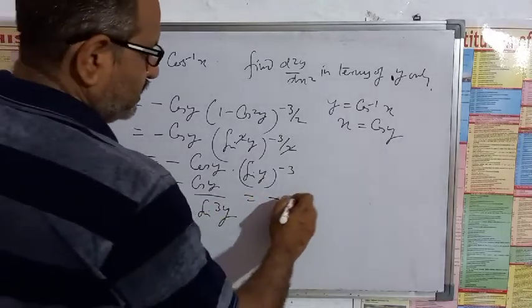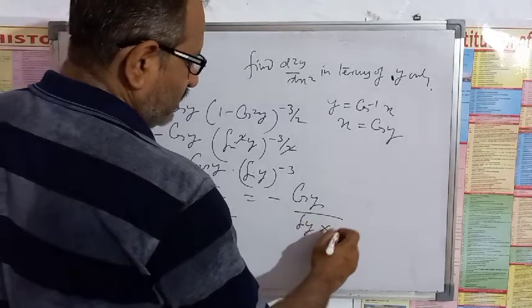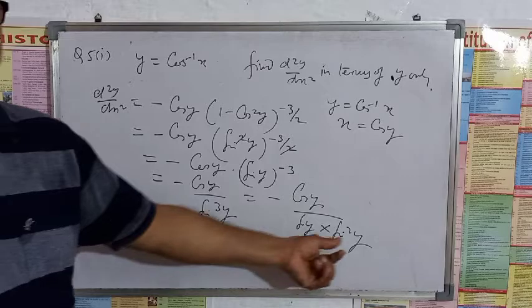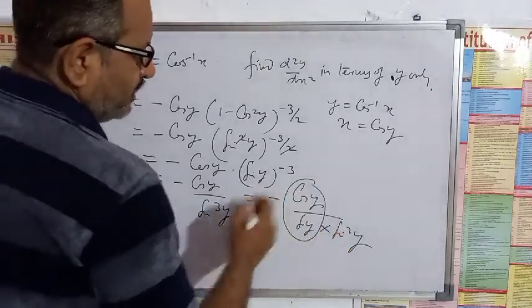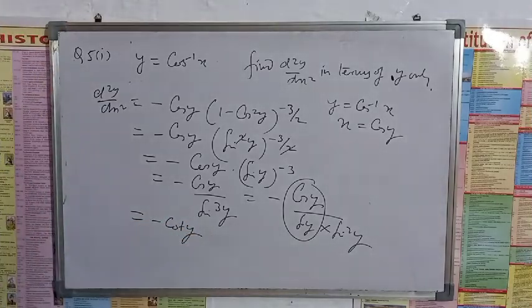We can write it as minus cos y upon sin y into sin square y. Cos y upon sin y, we know that it is cot y.